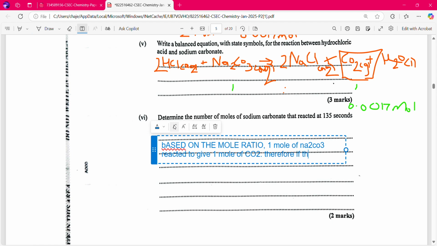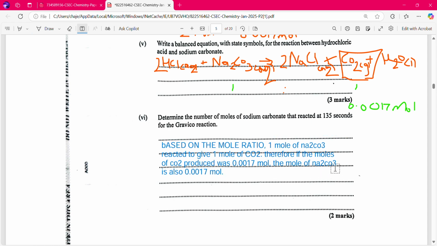Therefore, if the moles of CO2 produced was 0.0017 mole, the mole of Na2CO3 is also 0.0017 mole. And if it were a 1 to 2 mole ratio, you know that you would have to probably do some form of division or multiplication depending on where that number is.